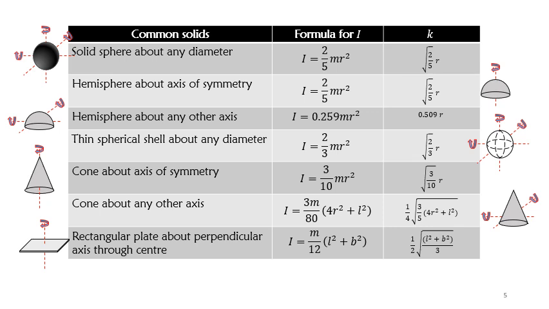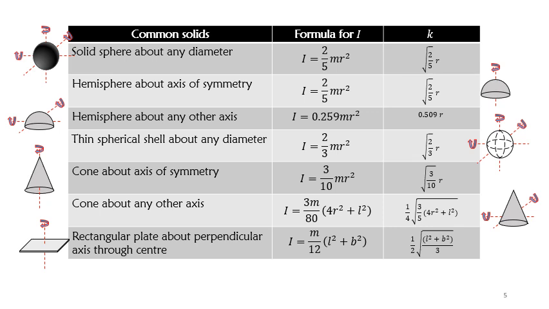Okay. Then for a regular plate, like anything cuboid or a rectangular plate, I will be m over 12 open bracket l squared plus b squared close bracket. l is the length of the rectangular plate and b is the breadth of the rectangular plate, and from there K can also be obtained.